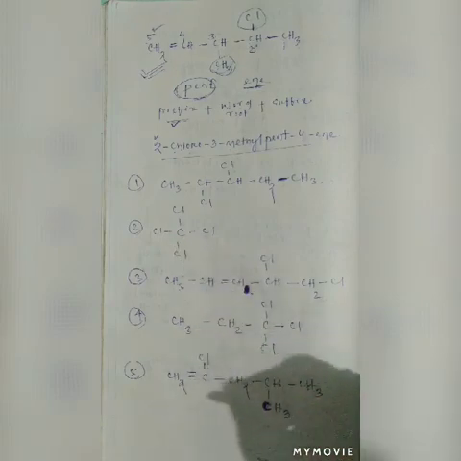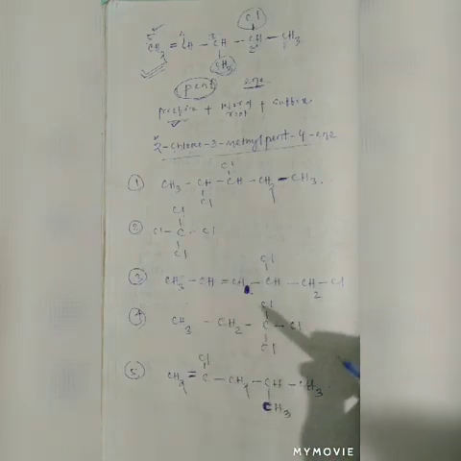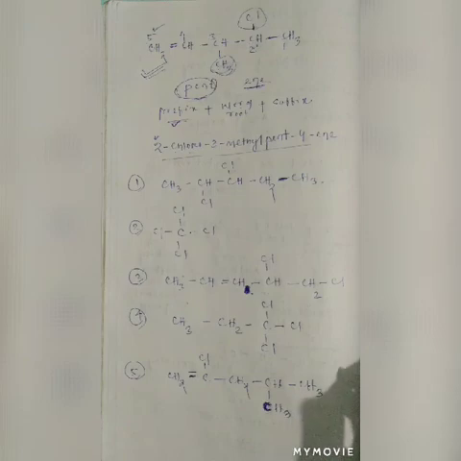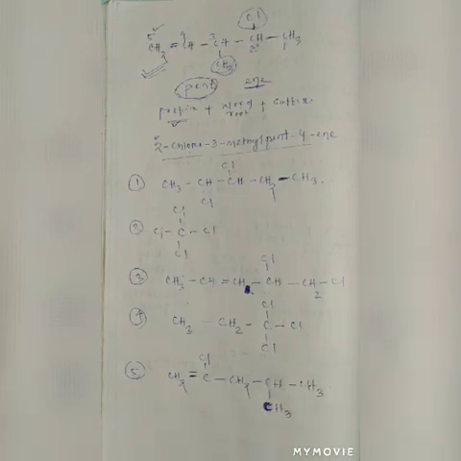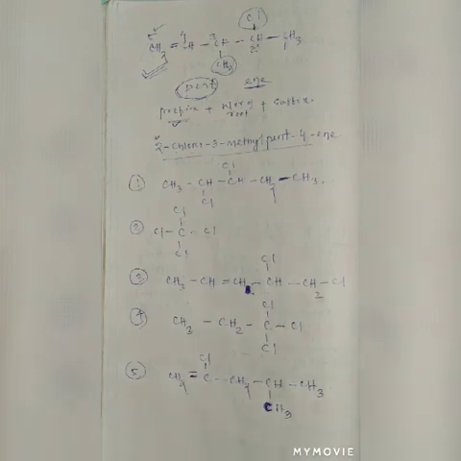Practice all these namings, and if you have any doubt, then ask me in the comment box, and you can also ask your doubts through email. I am giving you my email address in the description box. Go to the description box, and if you have any doubt, then contact me and ask me.